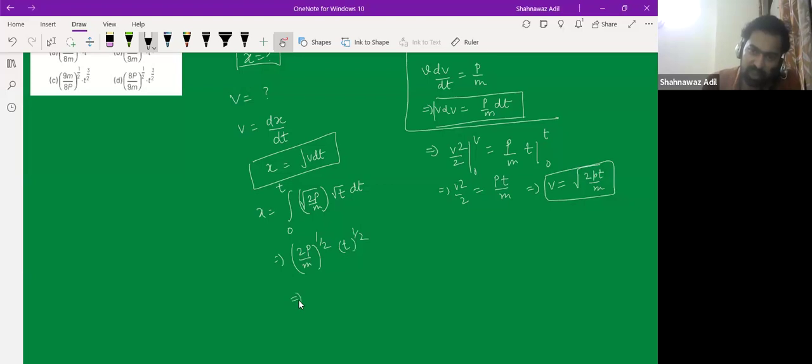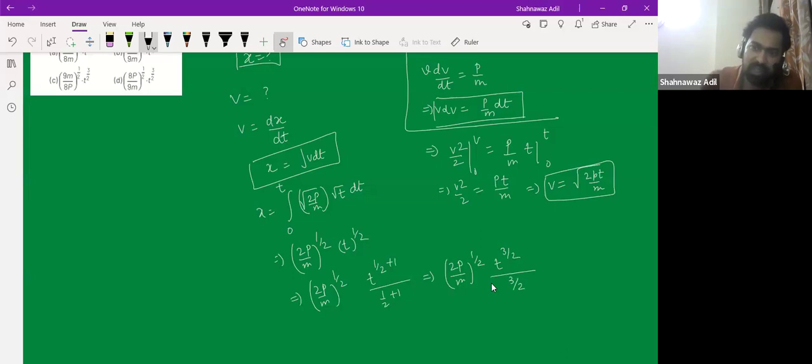So this is 2p by m power half, and then t to the half plus 1, divided by half plus 1. So how much is this? You have 2p by m power half, t to the 3 by 2, and then divided by 3 by 2.